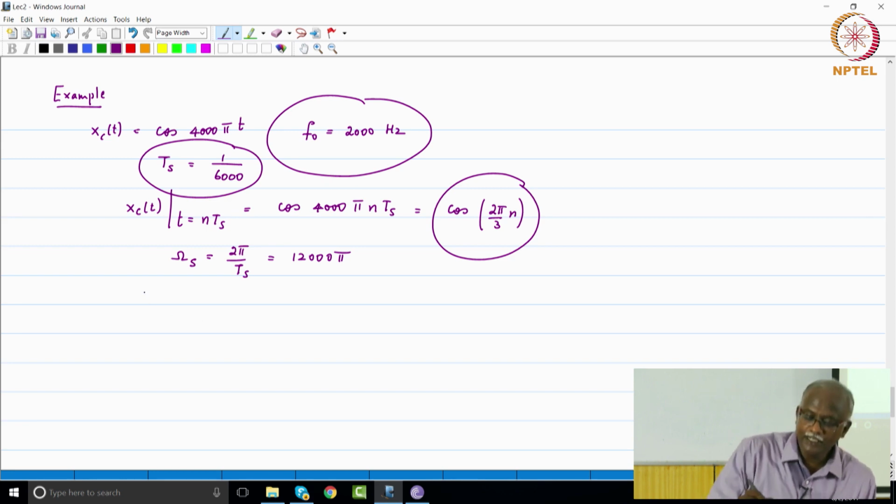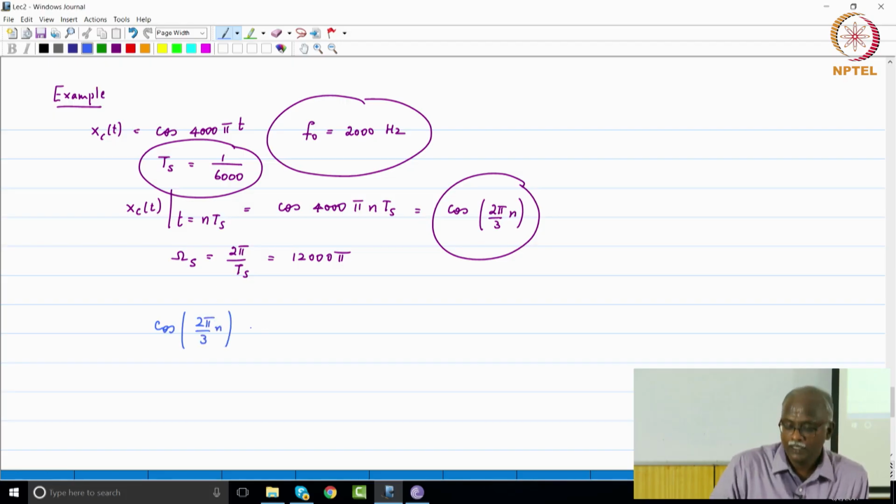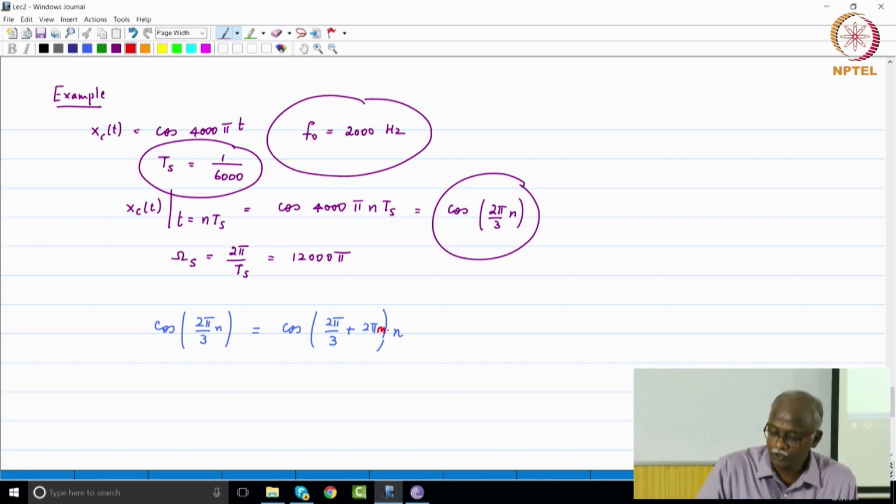Let me suggest something. I have cosine 2 pi by 3 n. This is the same as cosine of 2 pi by 3 plus 2 pi times n. In fact, it can be any multiple of 2 pi as well. It does not change anything.